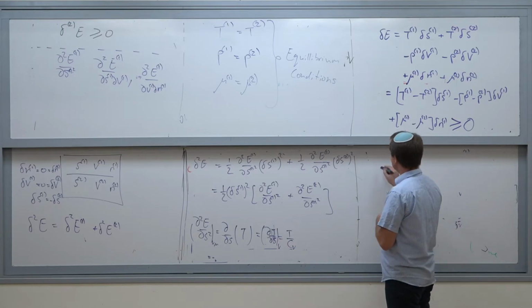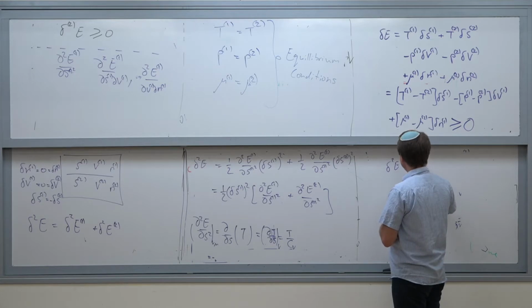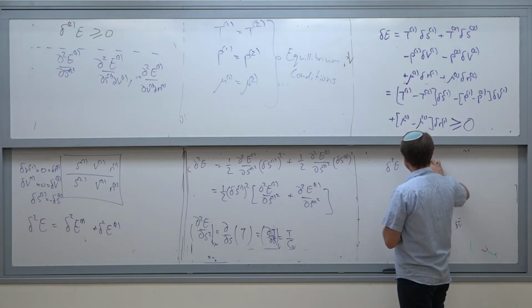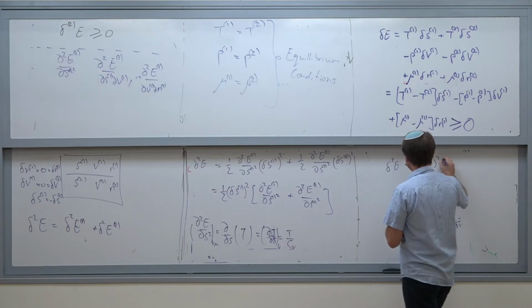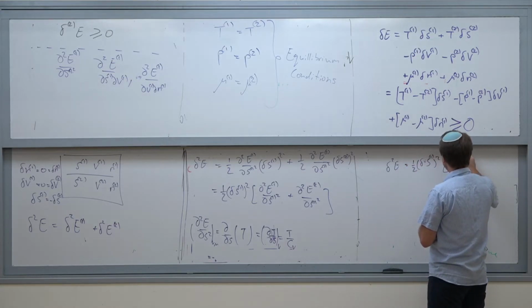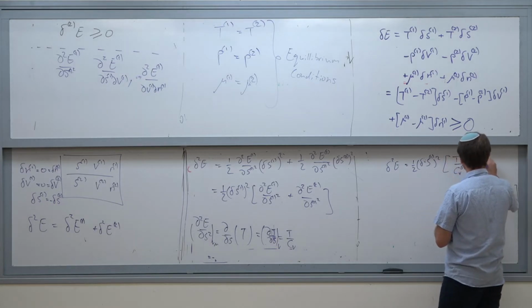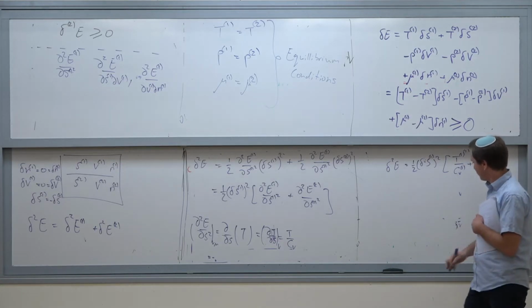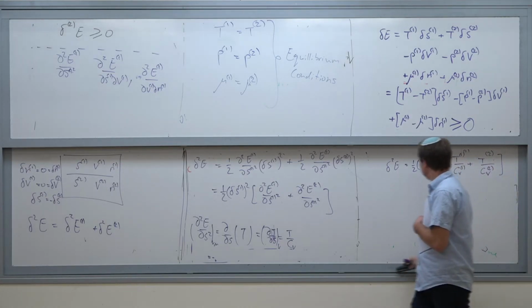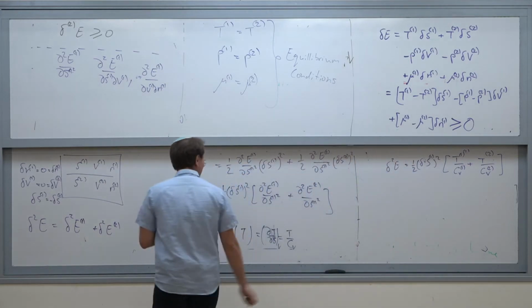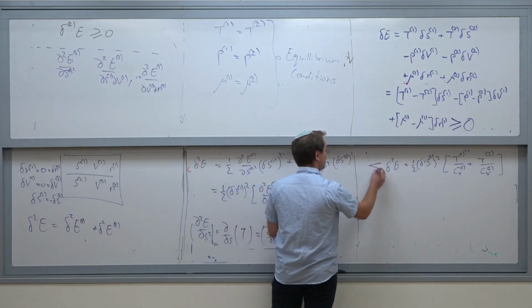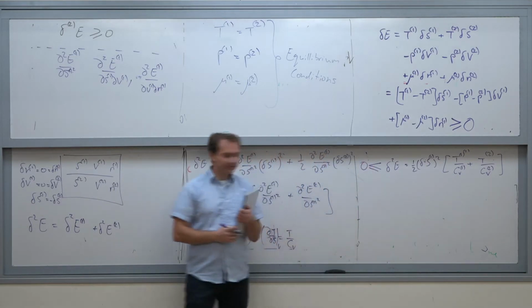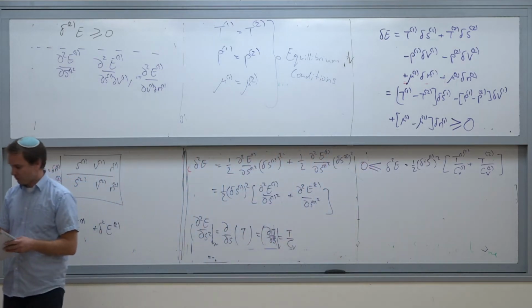We obtain that the second variation, delta squared E, equals 1/2 delta S1 squared times T1 divided by CV1 plus T2 divided by CV2. And this should be greater than 0.